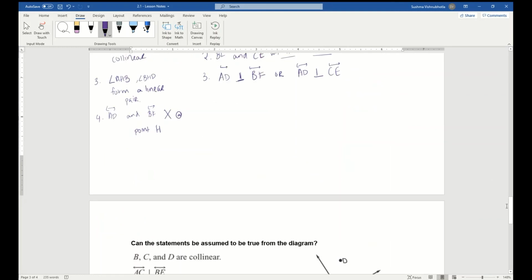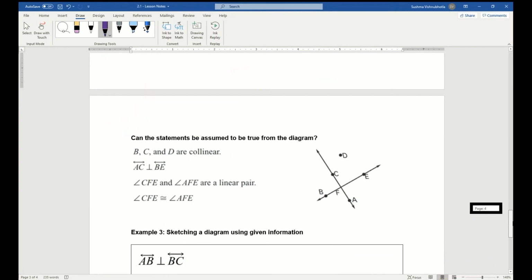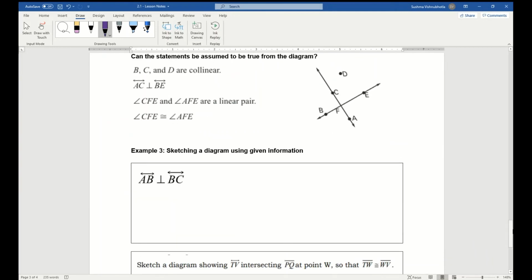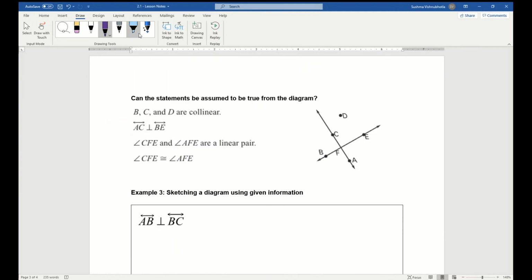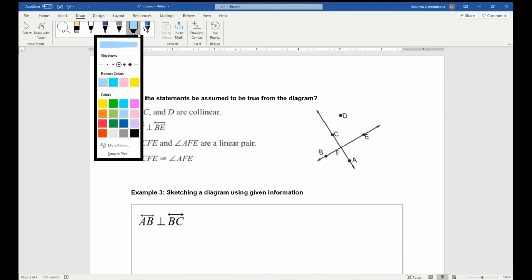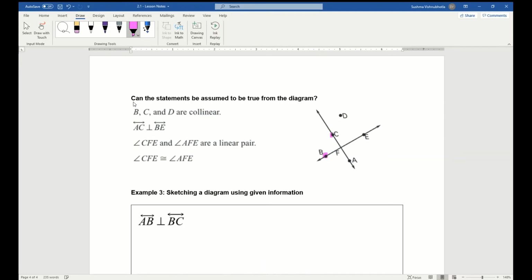The last piece here. B, C, and D are collinear. I think in Unit 1 I said points don't actually have to be in a straight line to be collinear, as long as it looks like a line can be drawn through them. The textbook that I used in my previous years said that, but this one is saying that you cannot assume it.